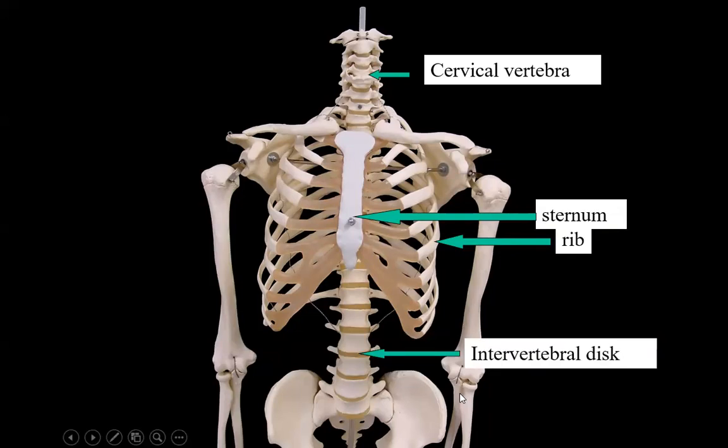Separating the vertebrae is a structure called the intervertebral disc. The intervertebral disc is made up of fibrocartilage. It's the other type of cartilage, not hyaline cartilage. We use this for cushioning between the vertebrae.